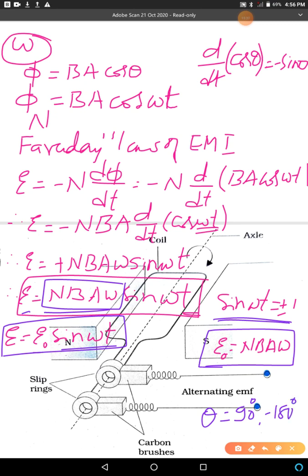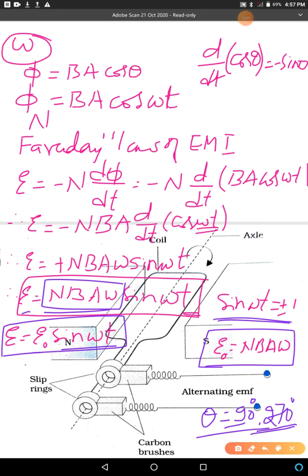So when theta is 90 degrees or 270 degrees, the induced instantaneous EMF will be maximum.